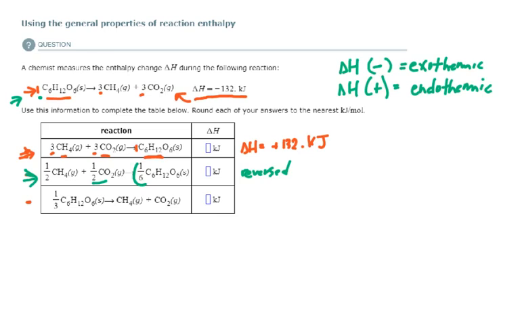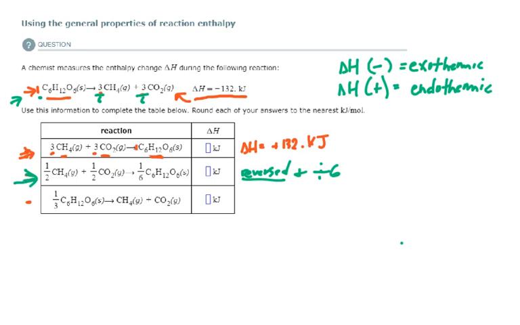What's 3 divided by 6? It's 1/2. Okay? So, again, here we have reversed the process, and we have also reduced the amounts of each of the reactants and products by a factor of 6. So what would the enthalpy change for this process be?